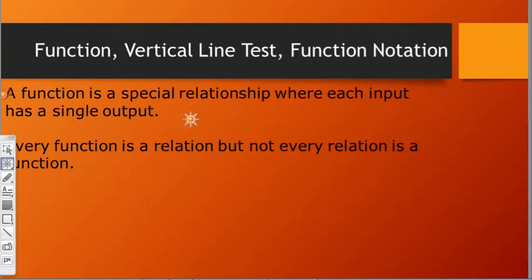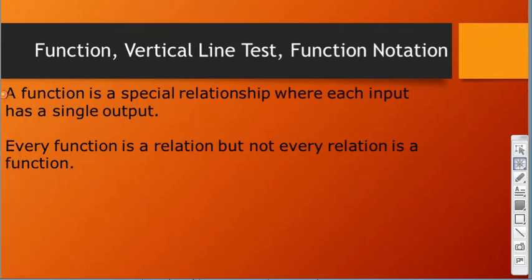So a function is a special relationship where each input has a single output. Every function is a relation, but not every relation is a function. So go ahead and pause the video and make sure that you have this information written down. And then push play when you're ready to move forward.